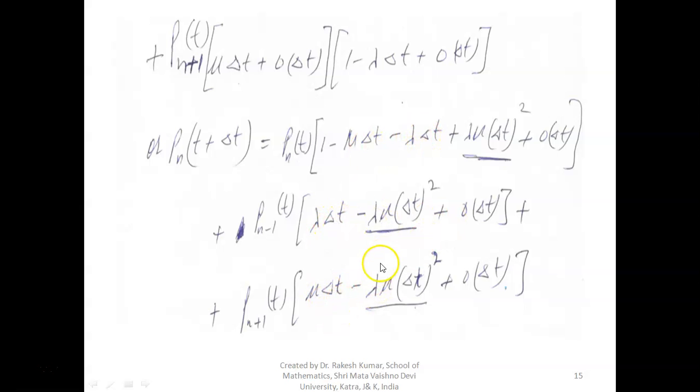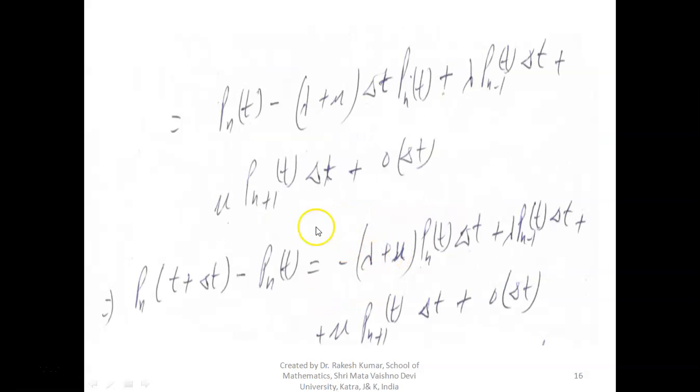In the next step, just multiplying inside: P_n(t) minus (lambda plus mu) P_n(t) delta t, plus lambda P_(n-1)(t) delta t plus mu P_(n+1)(t) delta t plus o(delta t). Now those underlined terms are all inside this o(delta t).